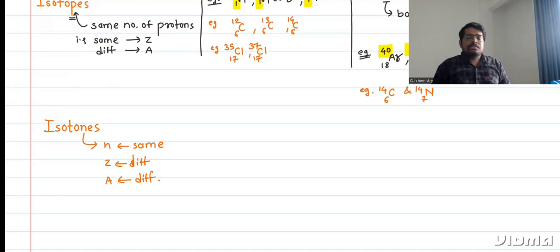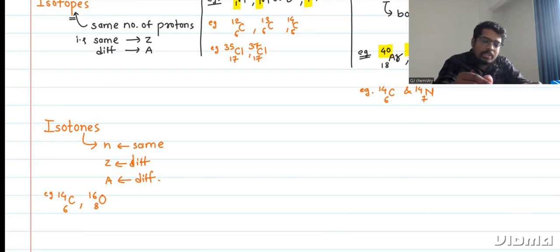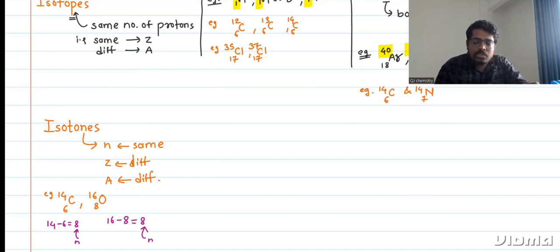For example, carbon 14 and oxygen 16. Let us find the number of neutrons. In carbon 14, 14 minus 6, that is 8 neutrons. Similarly, in oxygen, 16 minus 8 is equal to 8 neutrons. So the number of neutrons is the same.